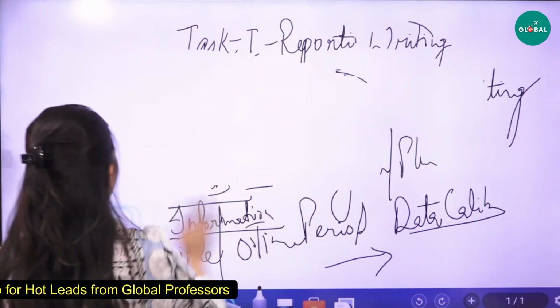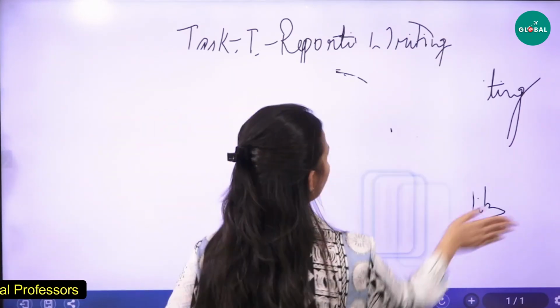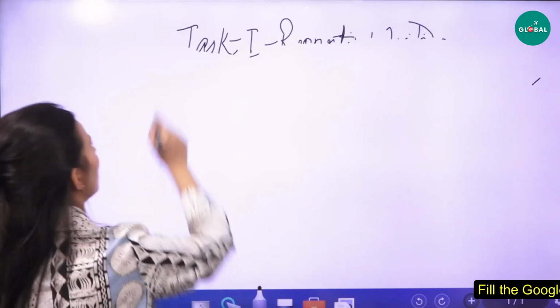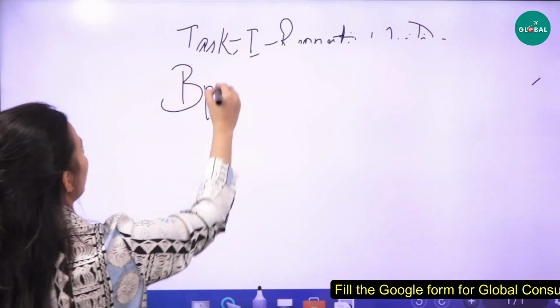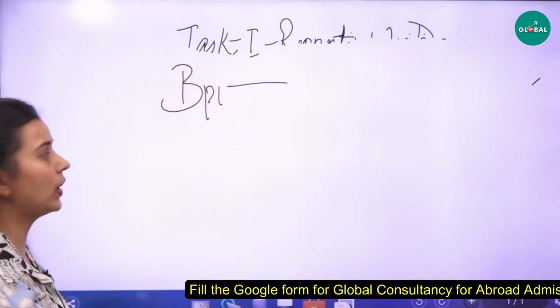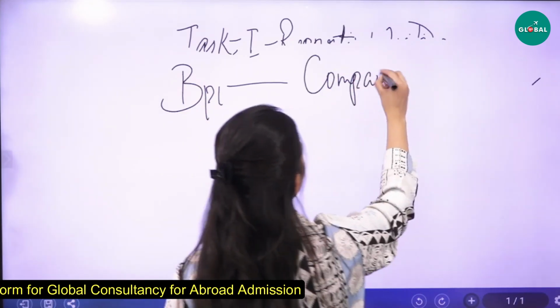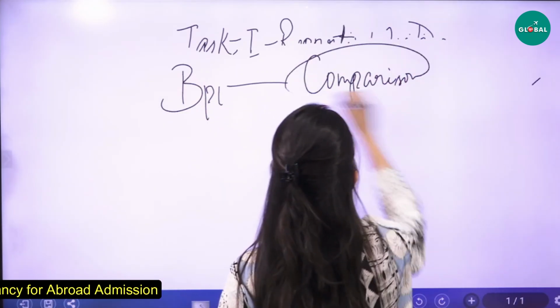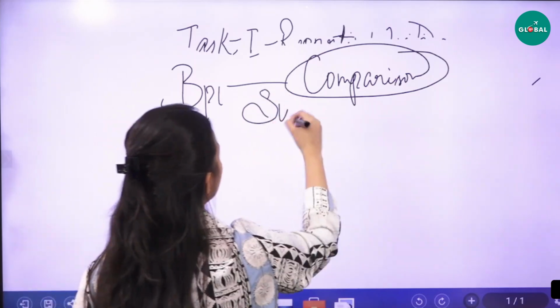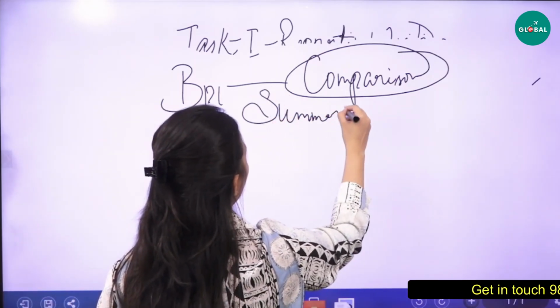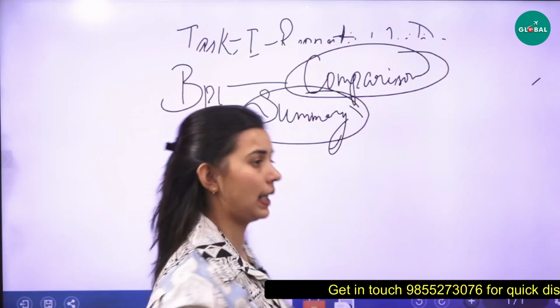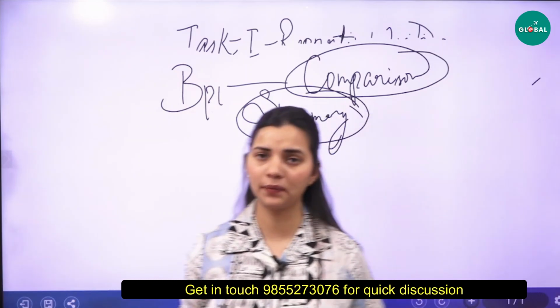Now coming towards body para 1. See, this is your body para 1. The body paragraph 1 where we have to do comparisons, we have to write a summary, right? जहां से हमें अपनी summary, अपने comparisons करने शुरू करने हैं, that is body paragraph 1, ठीक है.